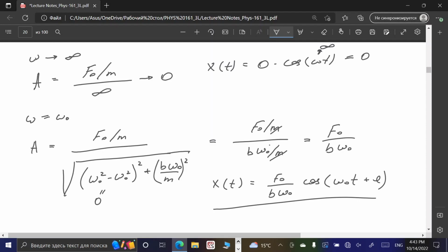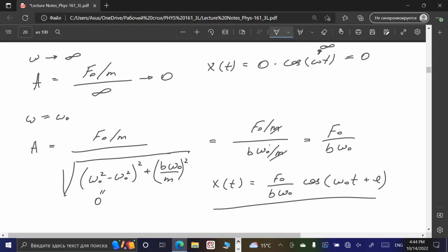And what is also important is that this forced oscillation will happen with the frequency of the driving force, because this is the dominant factor which defines the resultant steady state frequency of such oscillation. We considered different extreme cases.